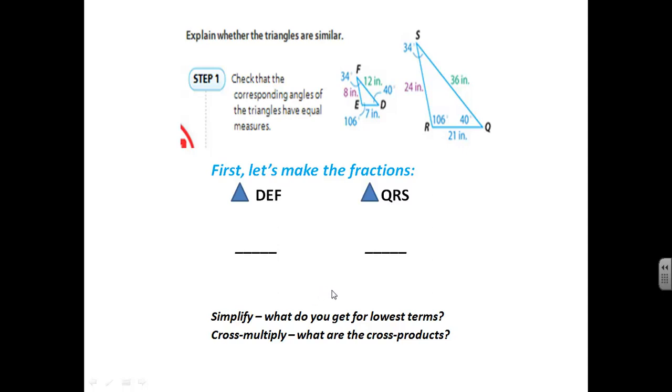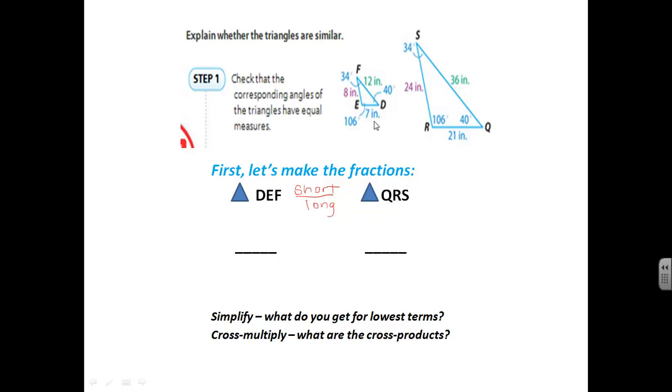Okay, so we're going to go back to these, and even though we don't have to do the side lengths to see if they are proportional, we're going to, so I can show you how that works. So first we're going to make a fraction for triangle DEF. Remember, we're going to do short side over long side.